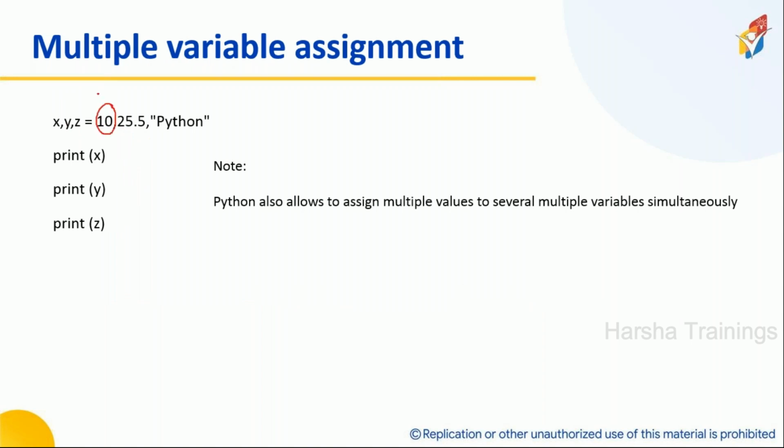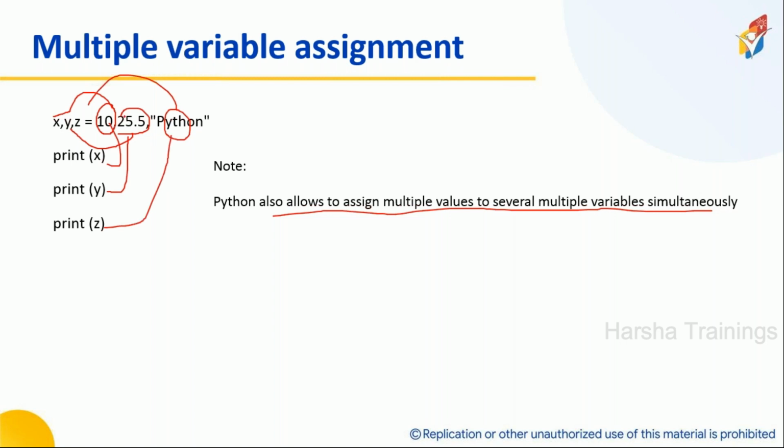This happens only in Python. 10 will go to X, 25.5 is a float which will go to Y, and Python is a string which will go to Z.